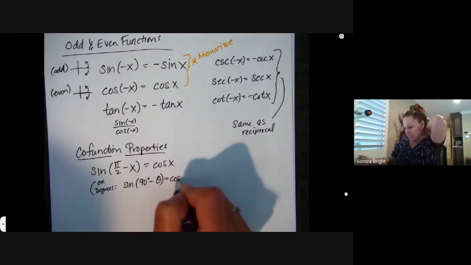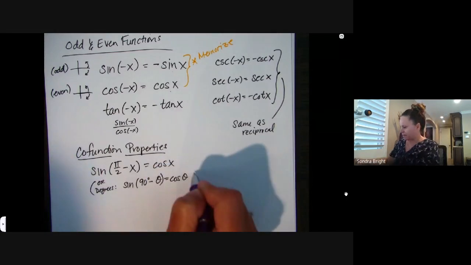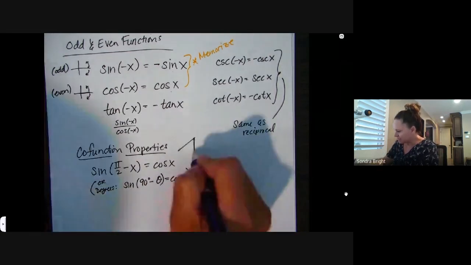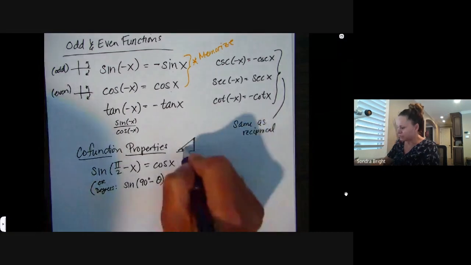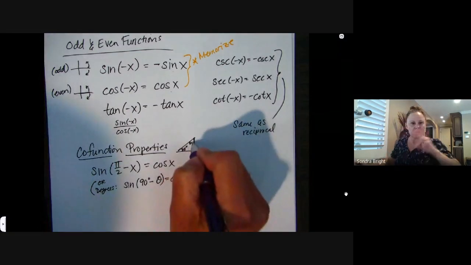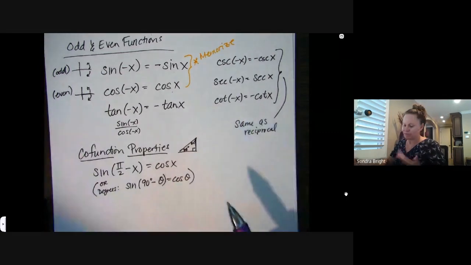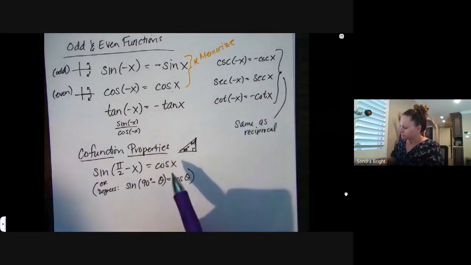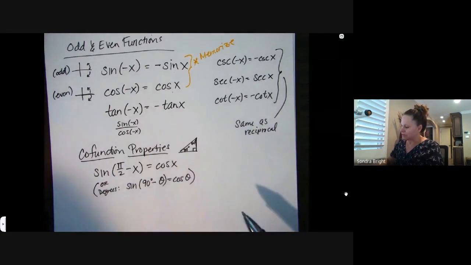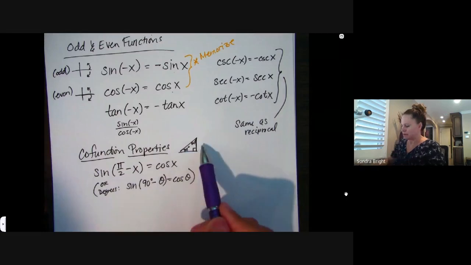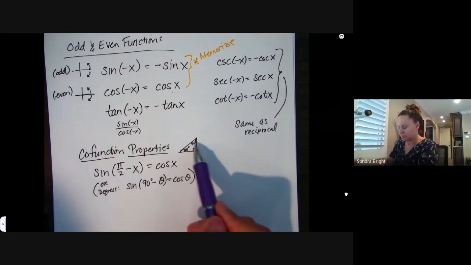And you can definitely think of just the right triangle, the 30, 60, 90-degree triangle, and remember that one was just the other. If you're asking for sine of 30 degrees, it ended up being the same as cosine of 60 degrees because they're 90 degrees off.